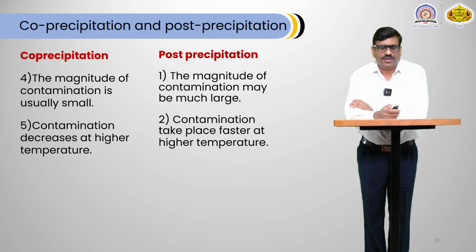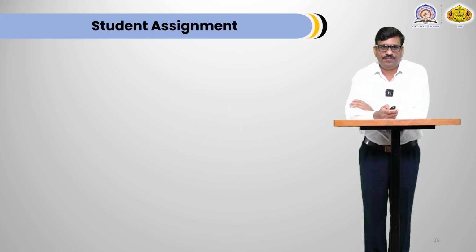Now fourth point, in co-precipitation, the magnitude of contamination is usually small. In case of post-precipitation, it may be high. Fifth point, contamination decreases at higher temperature, and in post-precipitation, contamination takes place faster at higher temperature. These are some points of difference between co-precipitation and post-precipitation.